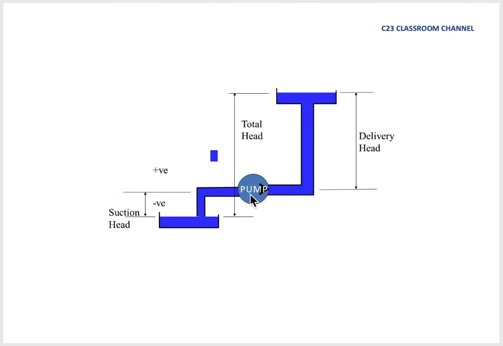If we have a pump here, the total head is the distance from the suction head to the delivery head. When we talk about suction head, this is only the water level to the center point of the pump, and delivery head is from the center point of the pump to the final water level at the delivery area.